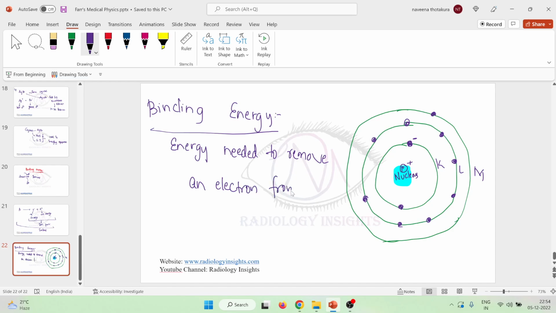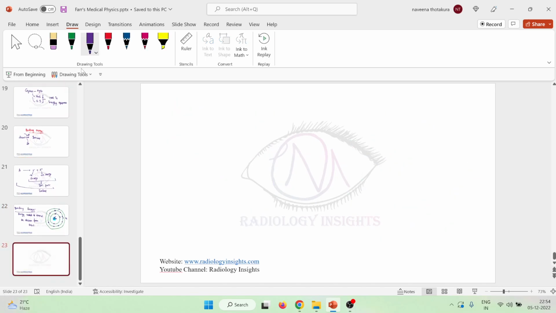Now, what does this binding energy depend on? This binding energy mainly depends on the shell of the electron. Which shell is it in?